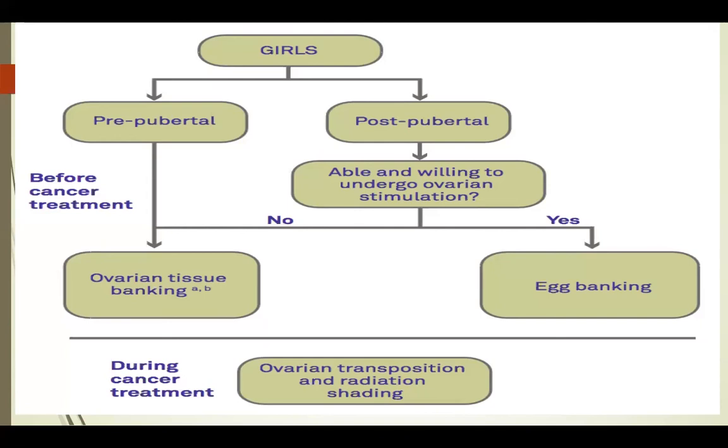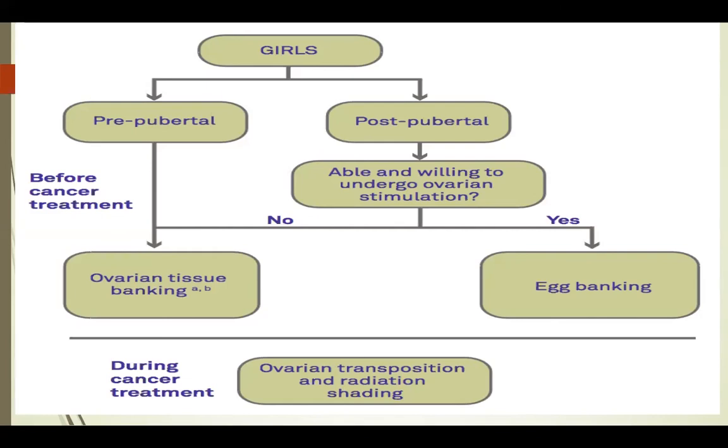There is some literature that suggests doing the ligation. What do you mean by ovarian transposition? Where is the ovary located? In the ovarian fossa in the pelvis. When you are planning to do radiation for sarcoma, or any pelvic radiation for any tumor in pediatrics.